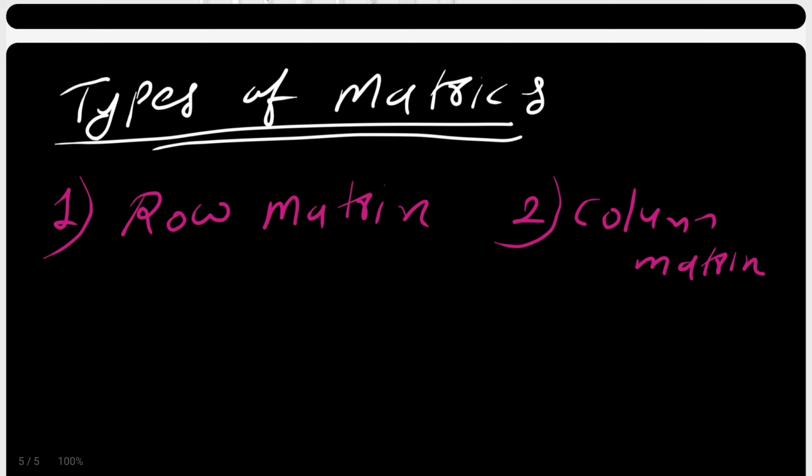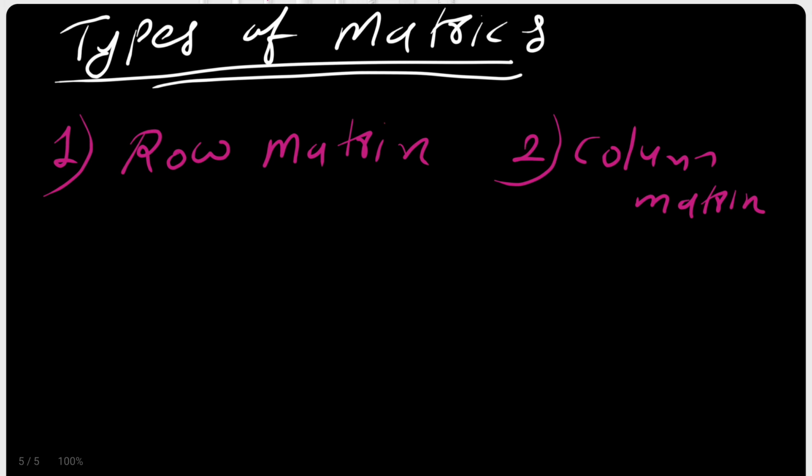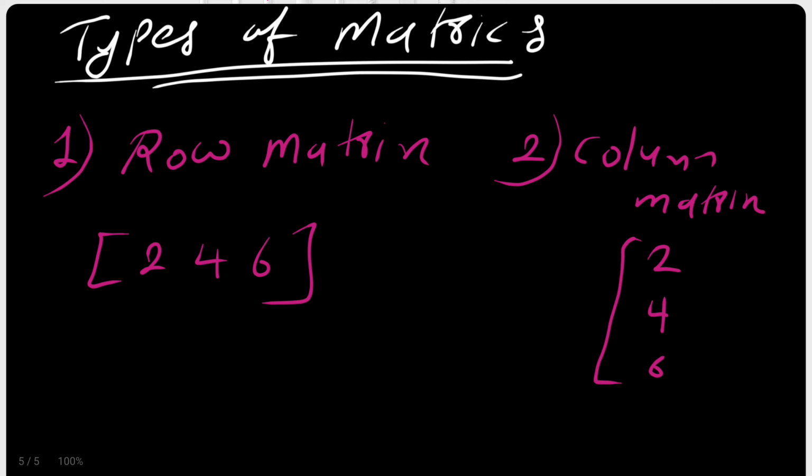Column matrix. We know that a row is like that, like 2 4 6. In this one the comma does not come, always remember. 2 4 6 is a row matrix. Then this is our column matrix. We know that very well.